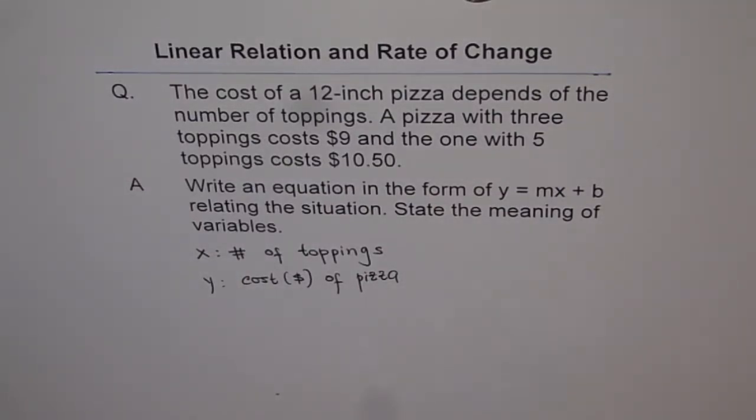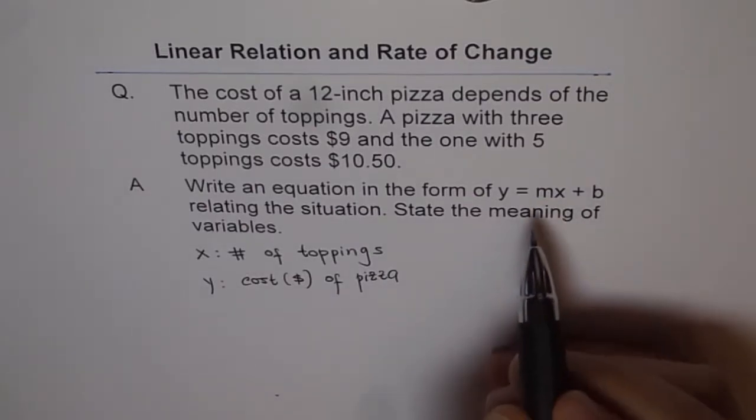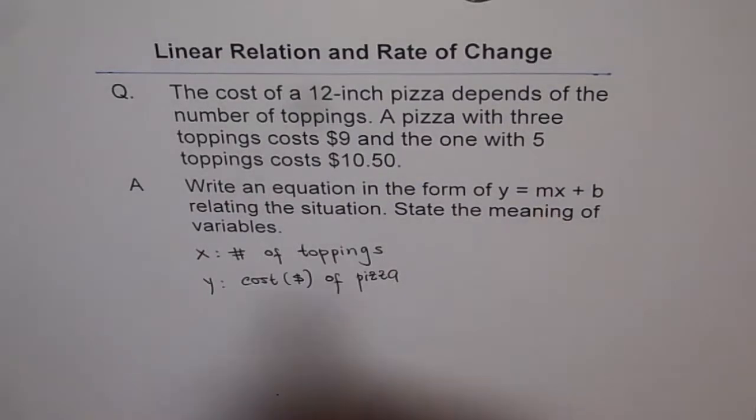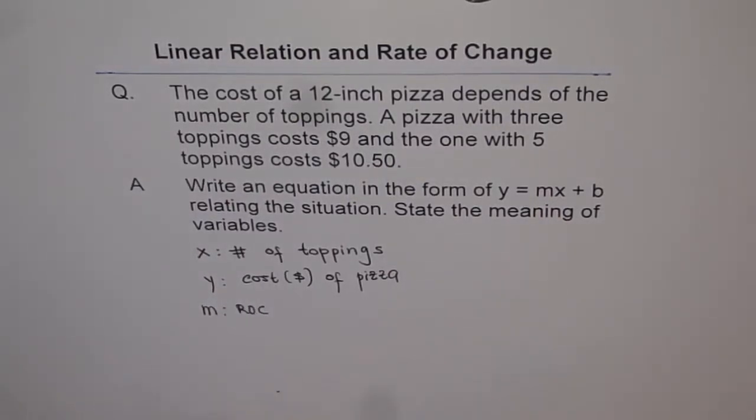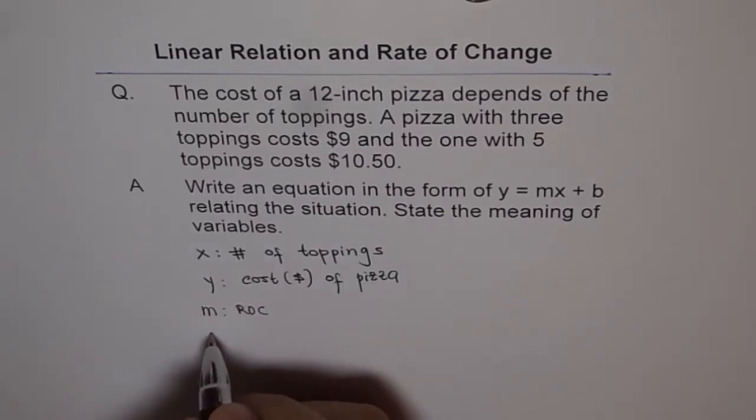Now we need to write the equation y = mx + b. Now here m is the rate of change. Rate of change means each additional topping will cost you how much. Good? That is m. And what is b?